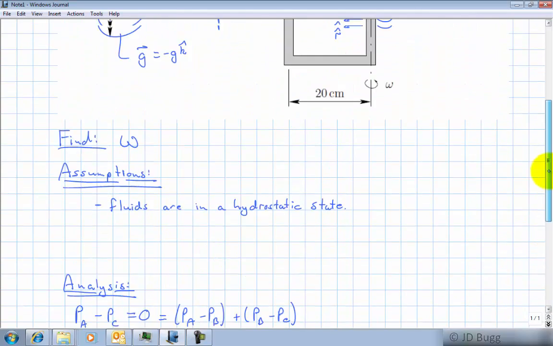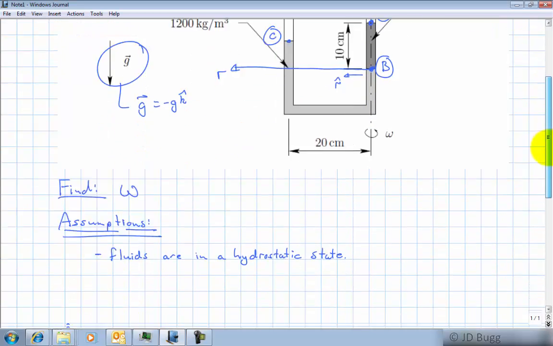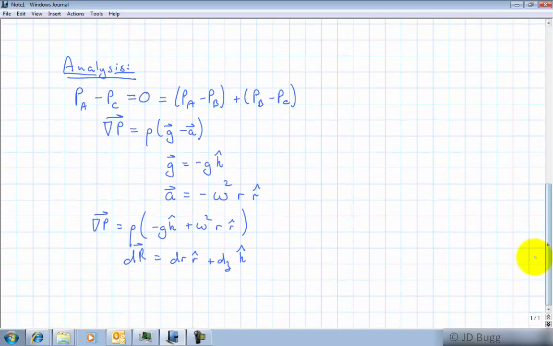So as we move around, either up and down or left to right in here, we're either moving in the z direction or in the r direction. So as we move through this fluid, our dr is always going to be dr r hat plus dz k hat. If we're moving up and down, this will be 0. If we're moving left and right, this will be 0. But this is always going to account for any motion in the RZ plane. So that's our dr.